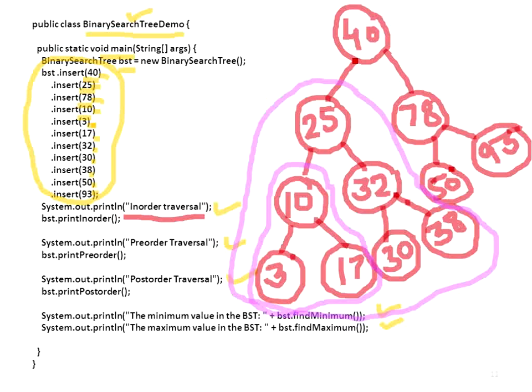Okay, Miss Michelle, tell me, you have written 25 two times. How come two times 25? 3, 10, 17, and after that you have written 25, okay? And then 30, 32, 38, and again 25. How come?